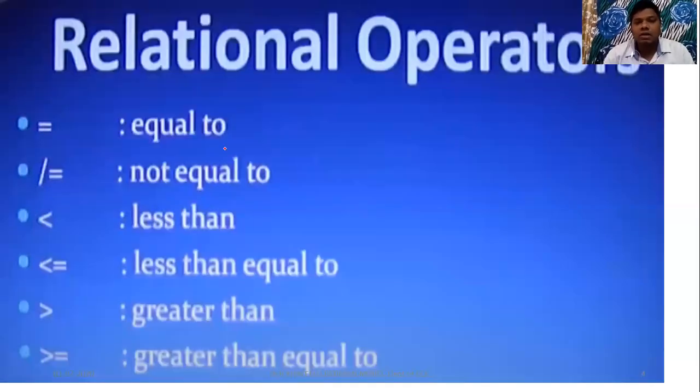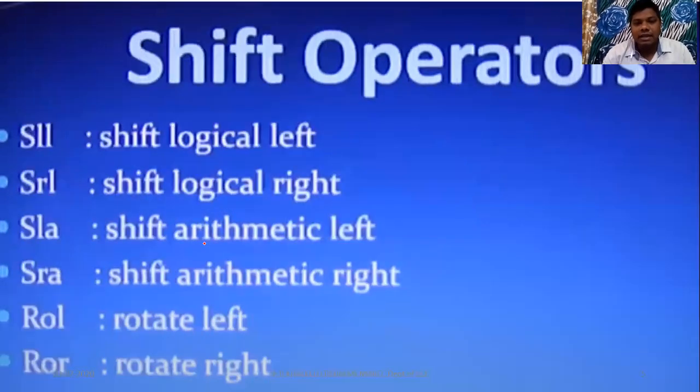We have the equal to operator, not equal to, less than, less than or equal to, greater than, and greater than or equal to. Then we have the shift operators like SLL, shift left logical, and SRL, shift right logical. If I write SLL 1, it will shift left by 1 bit.